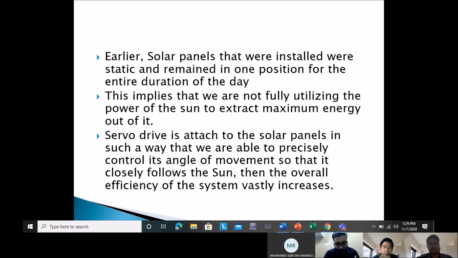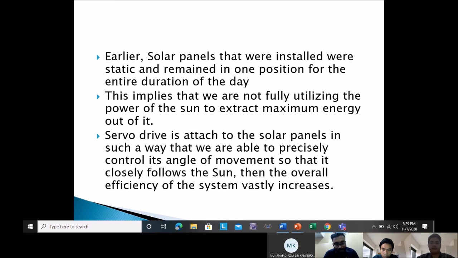So we can get solar power all the time. Earlier this implied that we were not fully utilizing the power of the sunlight to extract the maximum energy out of it.